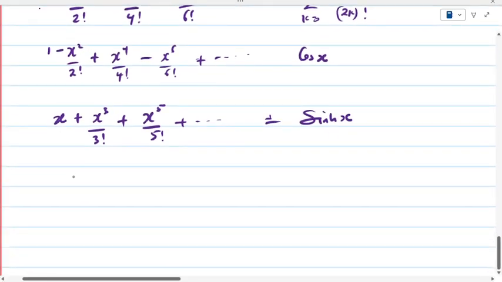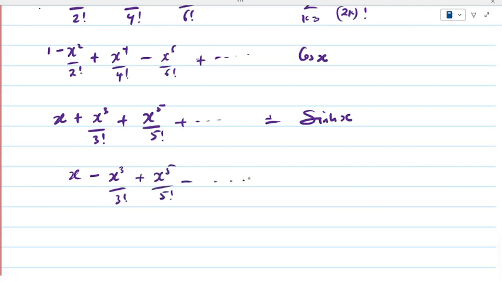But if the sign is changing, x minus x cubed over 3 factorial plus x to the power 5 over 5 factorial, minus dot dot dot, this is the sin series expansion. So take note of those expansions. I believe they will actually help you greatly.